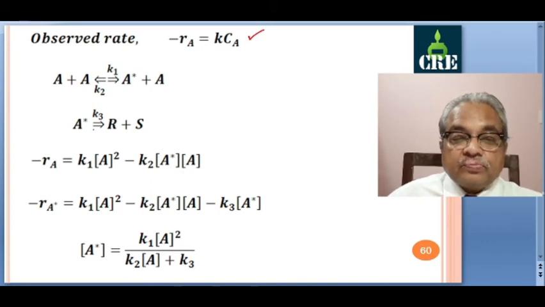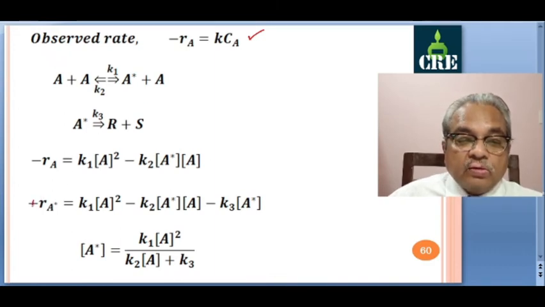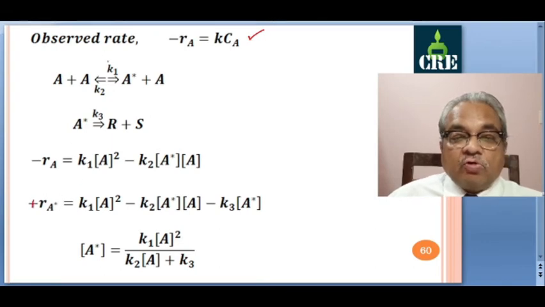Then rate of formation of A star, it should be plus rate of formation of A star. It is formed by forward reaction, so plus sign K1 CA square, it disappears by this reverse reaction, so minus K2 concentration of A star into concentration of A, and it is disappearing by this forward reaction, so minus K3 into concentration of A star.